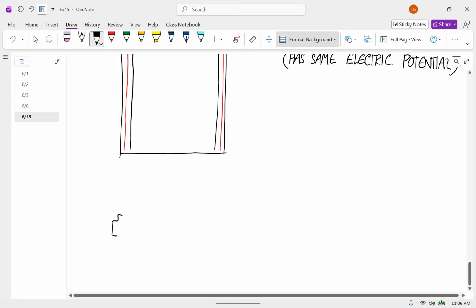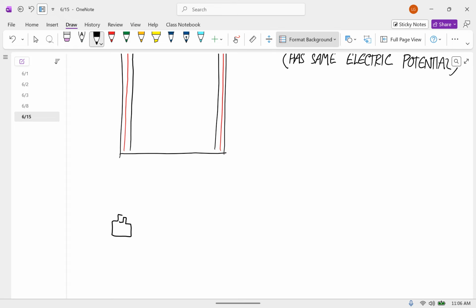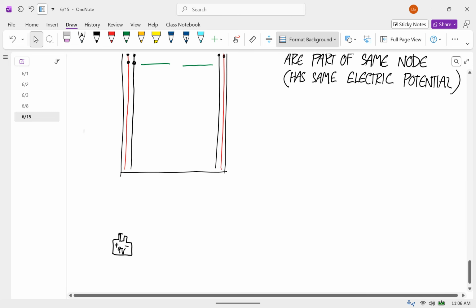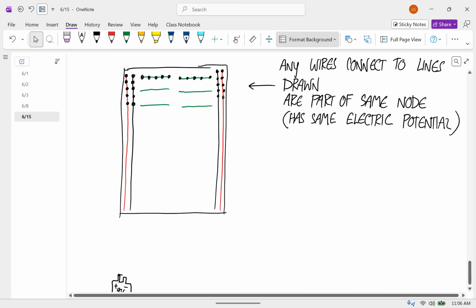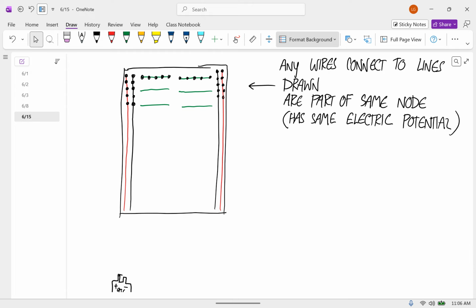So if this is my 9-volt battery, I could connect the positive of the battery to this, which I didn't make very clear.